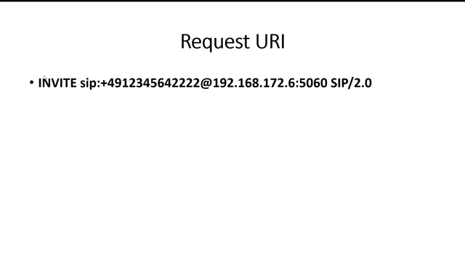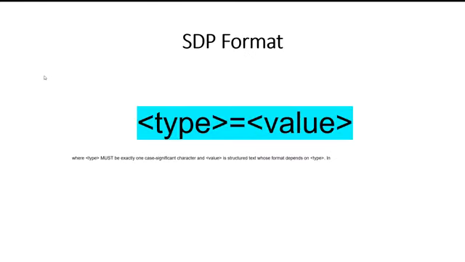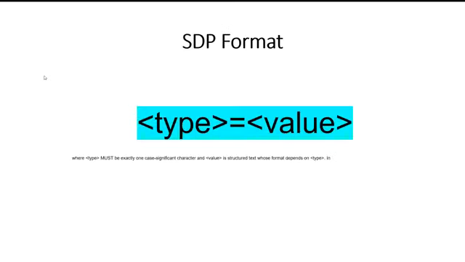Okay. So for example, if you see here, it has described the media here, m equals audio, and then the port numbers, and then the type of codecs that the device has to offer, right? All right.